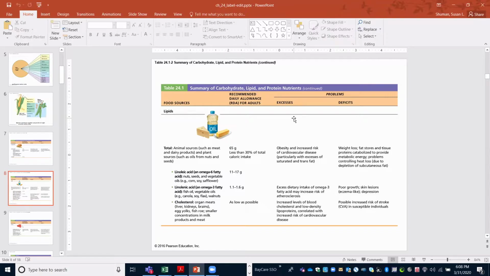And then we also have cholesterol. So remember our steroid hormones like testosterone and estrogen, progesterone, and aldosterone, those things, they're based on cholesterol. Cholesterol is a lipid. Cholesterol is just a multi-ringed lipid. You wouldn't have bile salts for emulsifying fats.